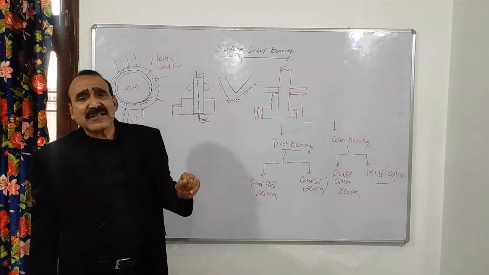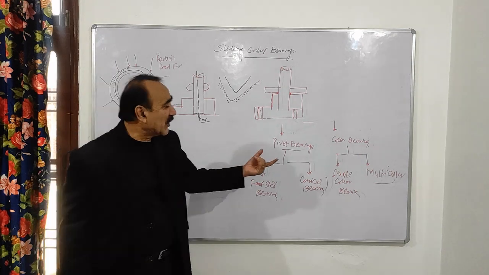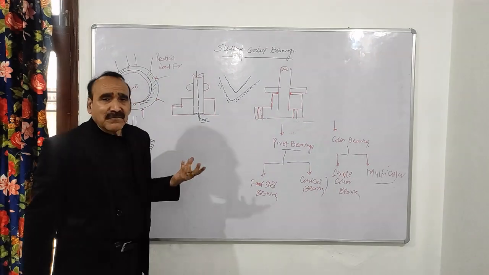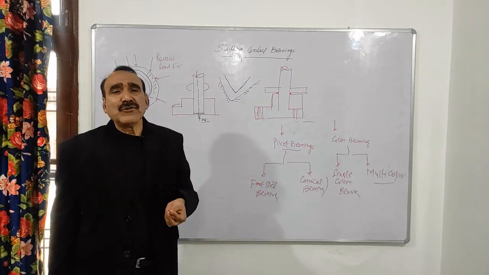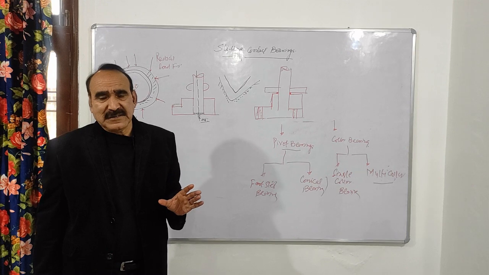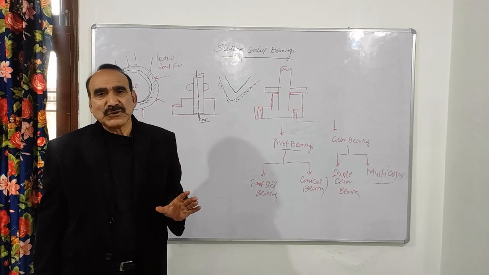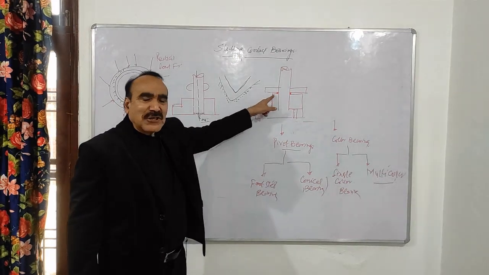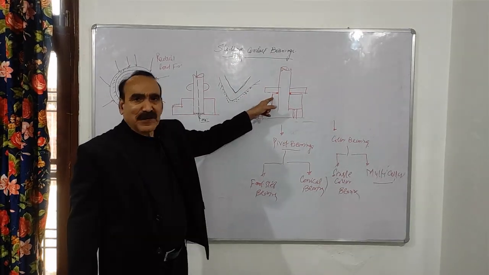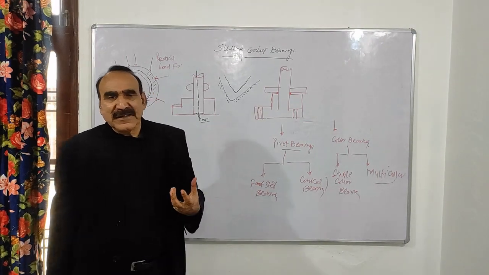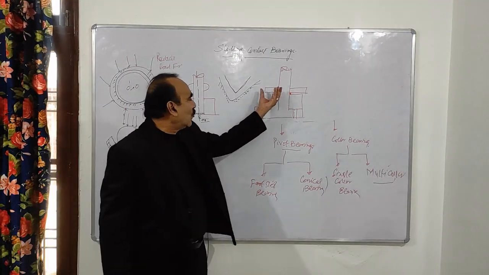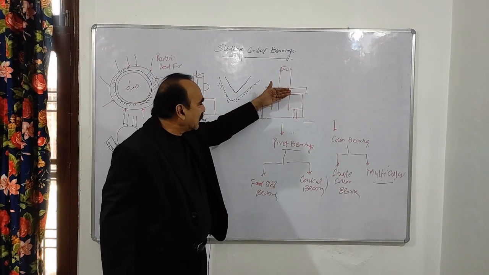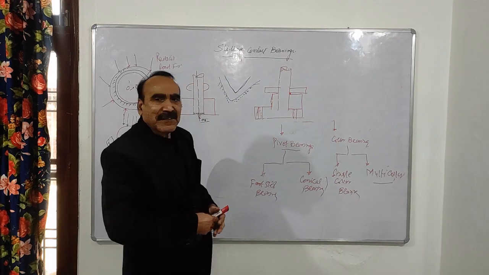Now the collar bearing is also divided in two parts, that is single collar bearing and the multi collar bearing. So single collar bearing means when we use only one collar on the shaft to support the load of the shaft. जब हम सिर्फ एक कॉलर शाफ्ट के ऊपर लगाएंगे तो ये जो आपका कॉलर है दैट विल सपोर्ट द लोड ऑफ दिस शाफ्ट बिकॉज द शाफ्ट इज नॉट इन डायरेक्ट कांटेक्ट विद दिस.